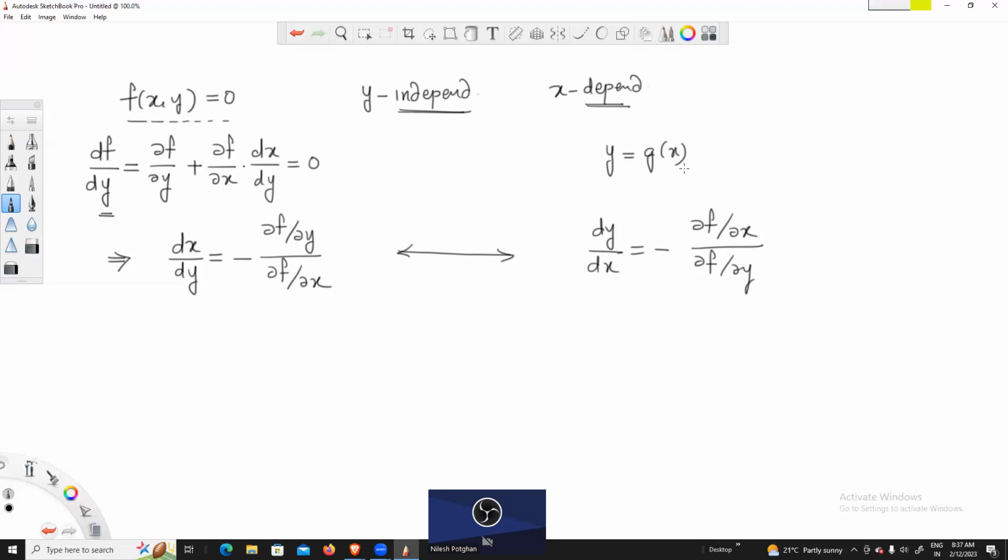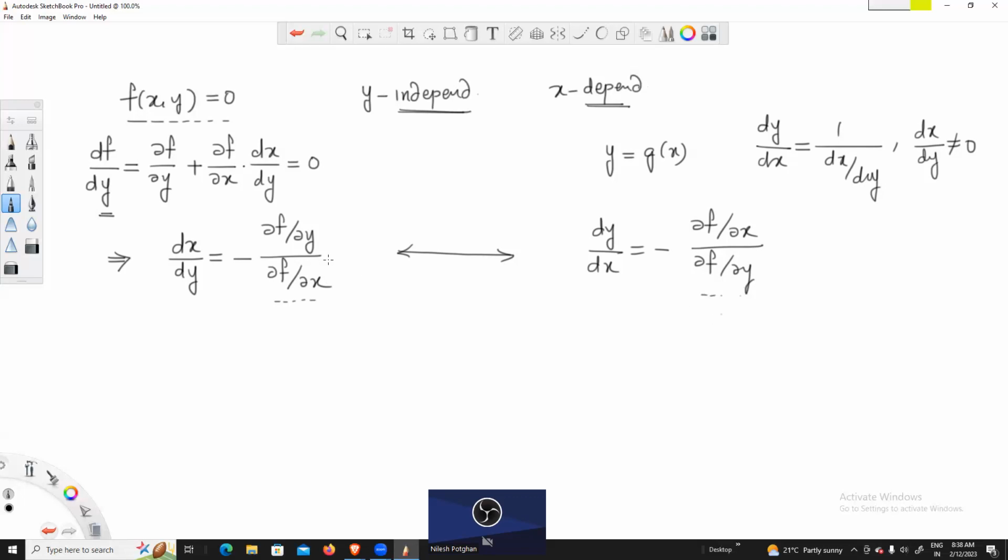And suppose there exists the inverse function of this g of x, then you can always relate dy by dx to dx by dy through this reciprocal relation, where obviously dx over dy is not equal to 0. This condition must be satisfied. Again, here also your partial differentiation with respect to x or with respect to y should not be 0.